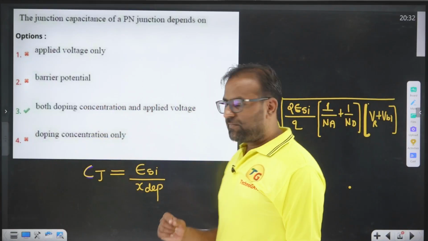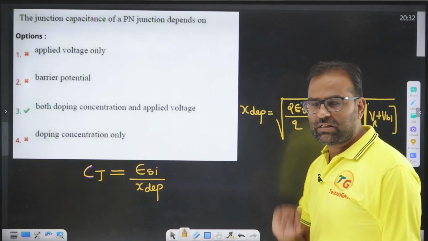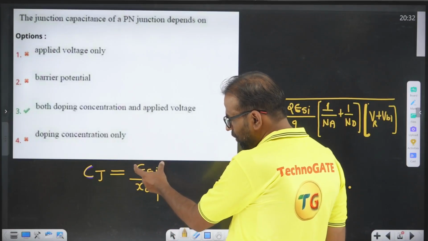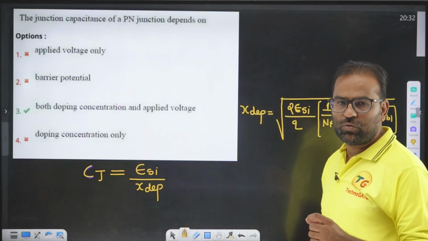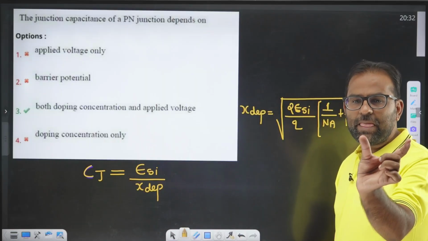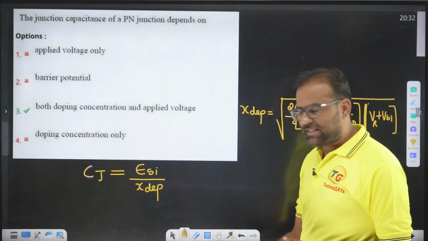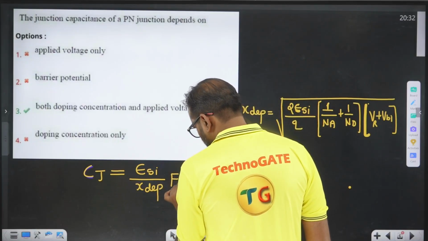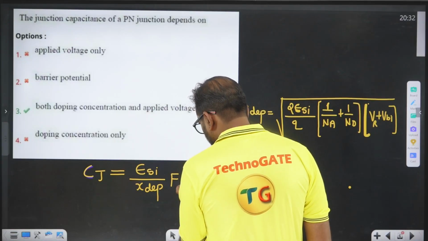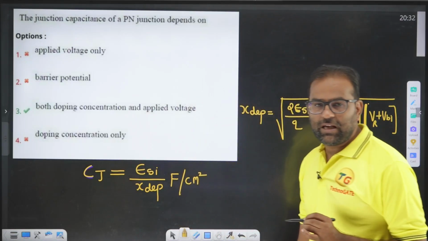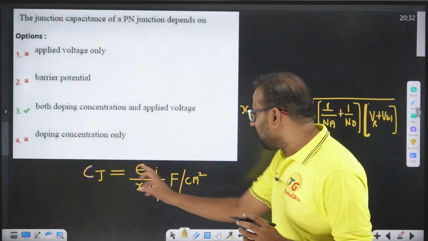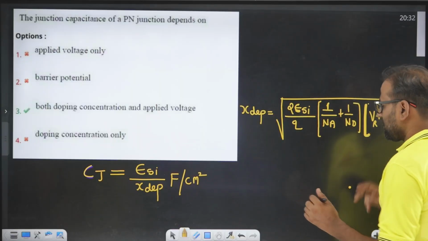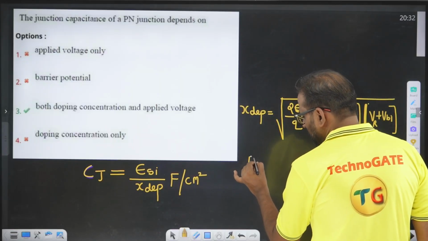Always remember the junction capacitance is given in farad per unit area, because the original formula is epsilon naught A divided by D, the gap between two plates, but this is given as farad per centimeter square. Correct? Now you can say everything is constant in this expression except two things. And what are those two things? The first thing is the applied voltage.